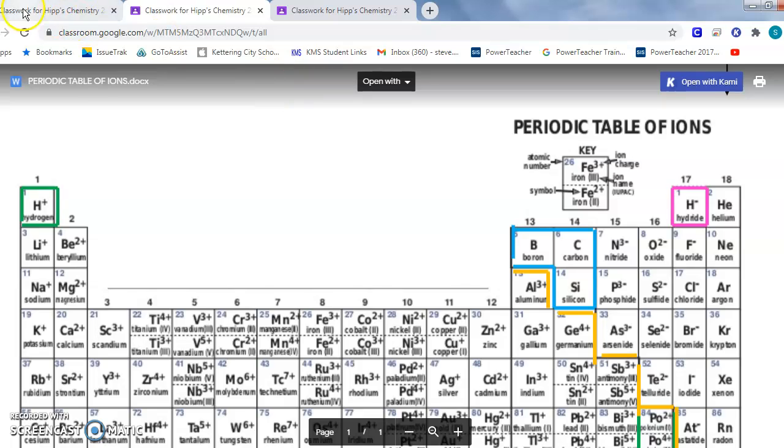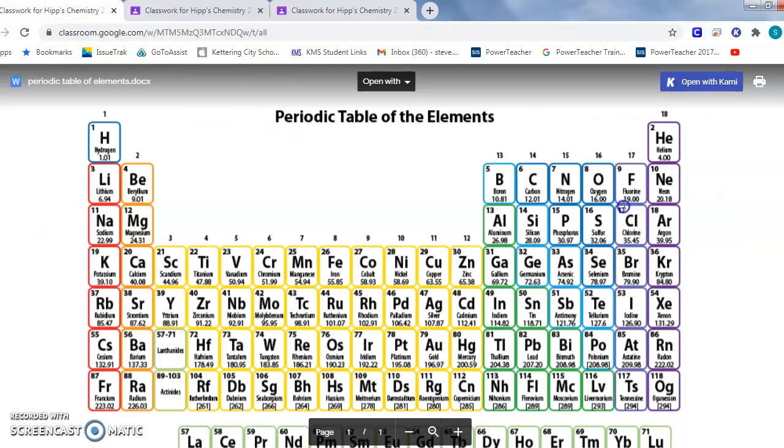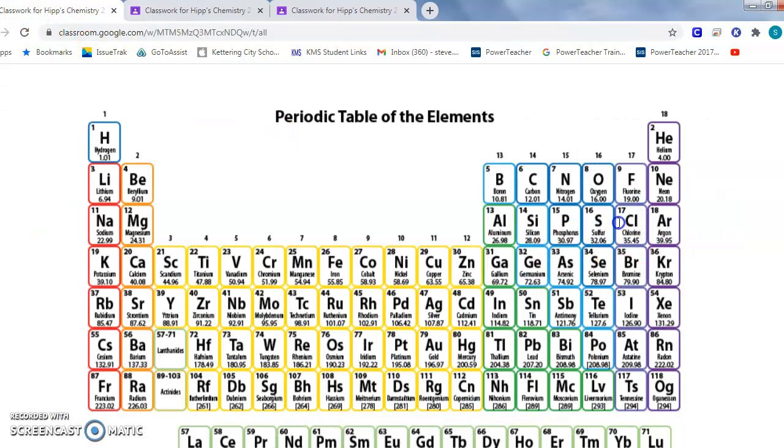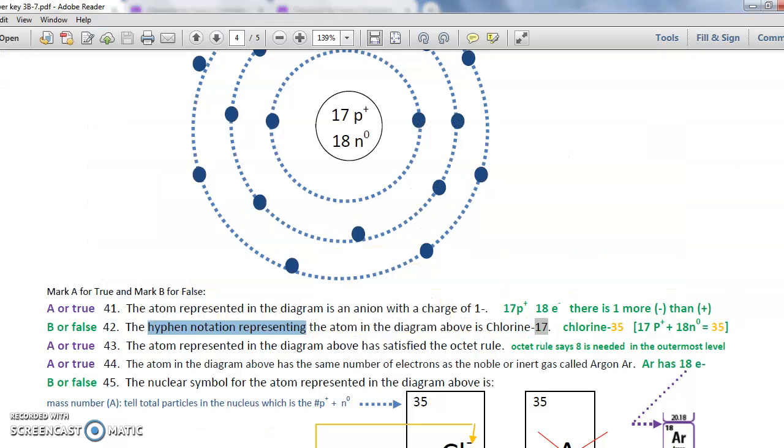There's an atomic number. Here's a regular periodic table. There's the atomic number. They wouldn't tell you the atomic number because they assume you have a periodic table. We don't need to know that. What hyphen notation is telling you is how many particles this thing has in the nucleus. 17 and 18, it should be a 35 there.